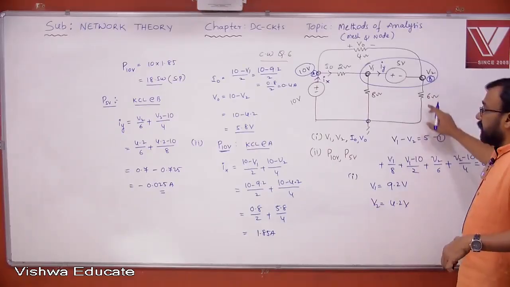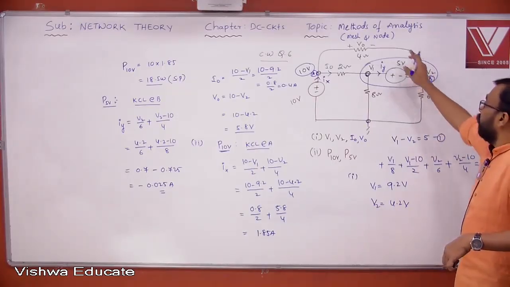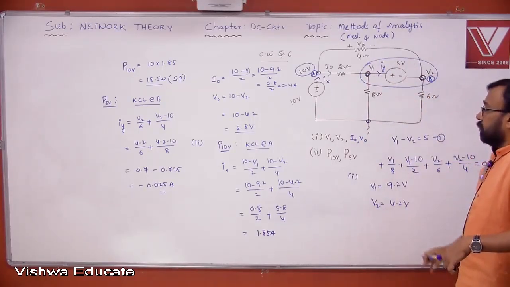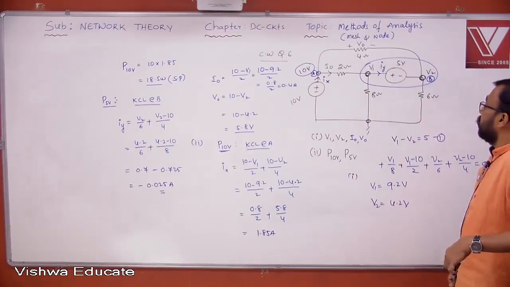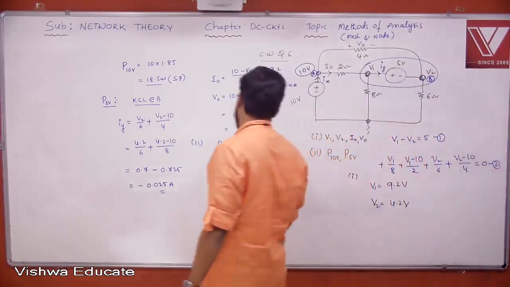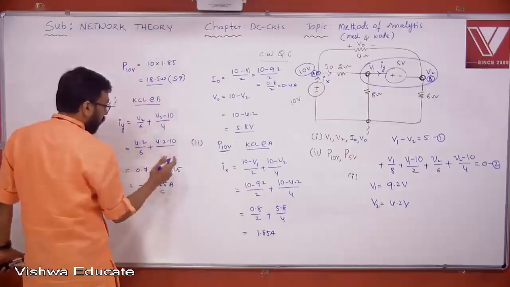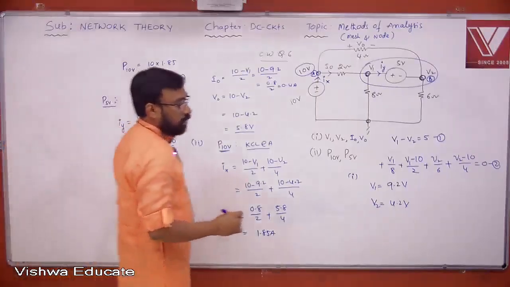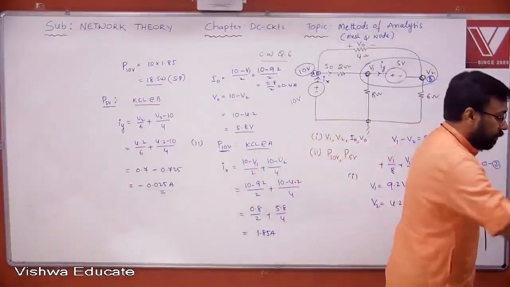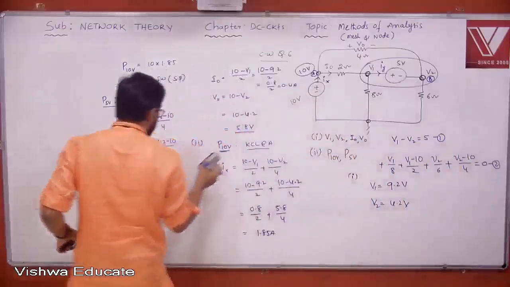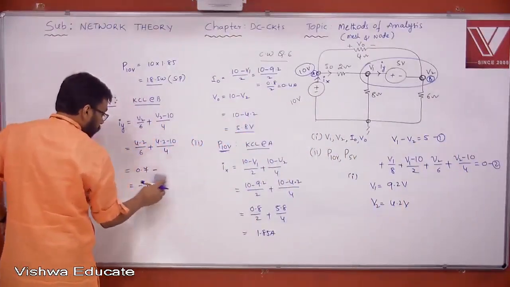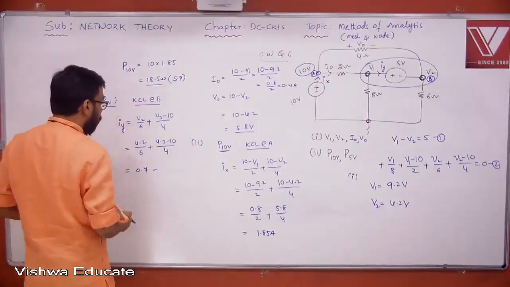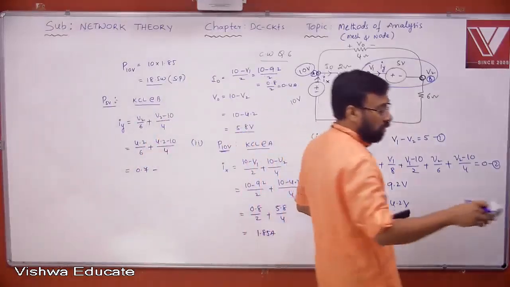So V2 by 6 and V2 minus 10 by 4. So I think we did a mistake here, right? This is not 8, this is 4 actually. So please correct it, all of you, quickly. This is not 8 actually. This is 4. So what is actually V2 minus 10 by 4?